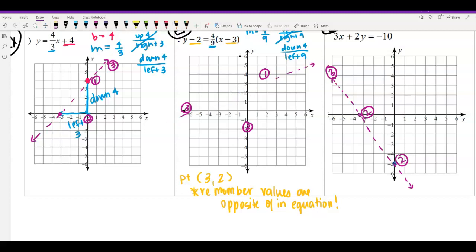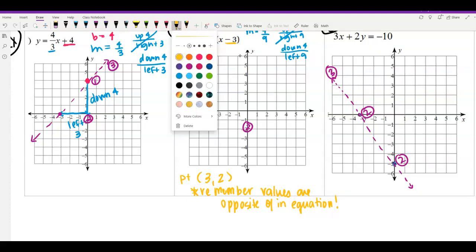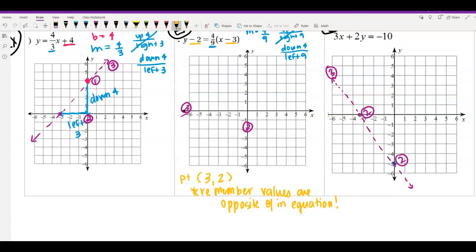So when I have -3 and -2, that gives me the point 3, 2. So my apologies there, 3, 2. Here we go. All right, so then I'm going to take my slope. I'm still going to go down 4 and left 9. So there we go, 1, 2, 3, 4, and then 3, 4, 5, 6. So now my new point is going to be way over here. So there's just a little change on that.